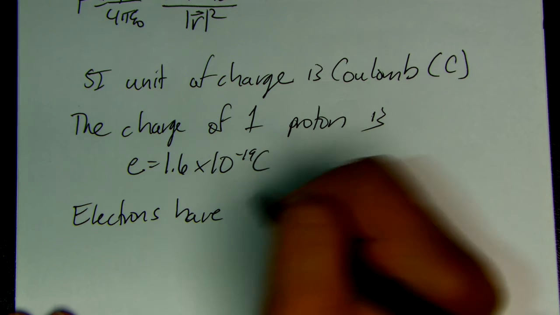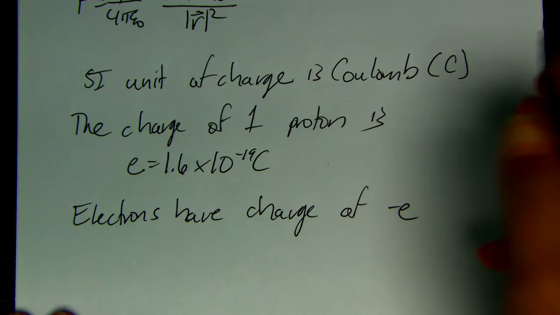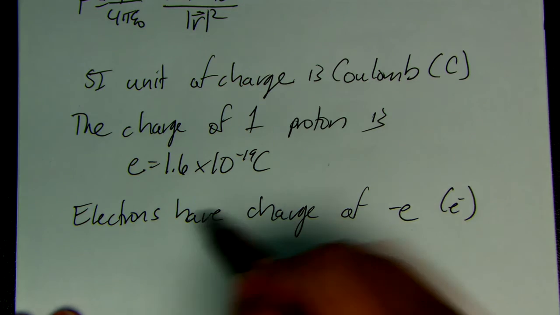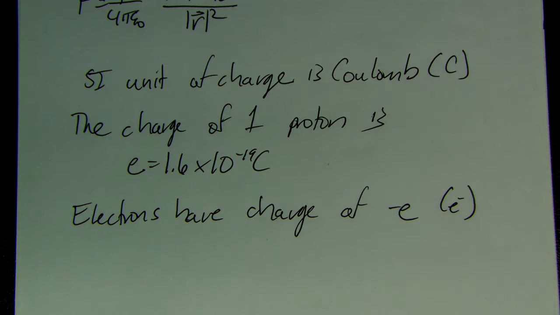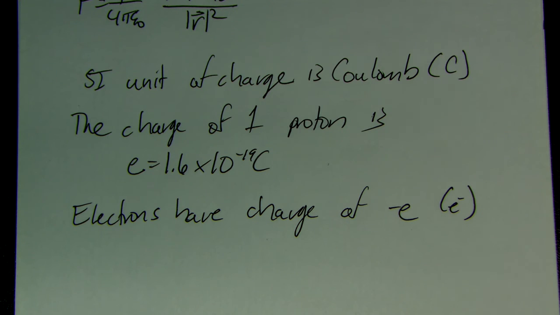Electrons have a charge of minus E, sometimes written E to the minus. So please note that the value E within electromagnetism is just going to stand for the standard unit of 1.6 times 10 to the minus 19 coulombs, which is the absolute value of the charge of electrons and protons. So if you're looking for the electron, look for the minus associated with the E instead.